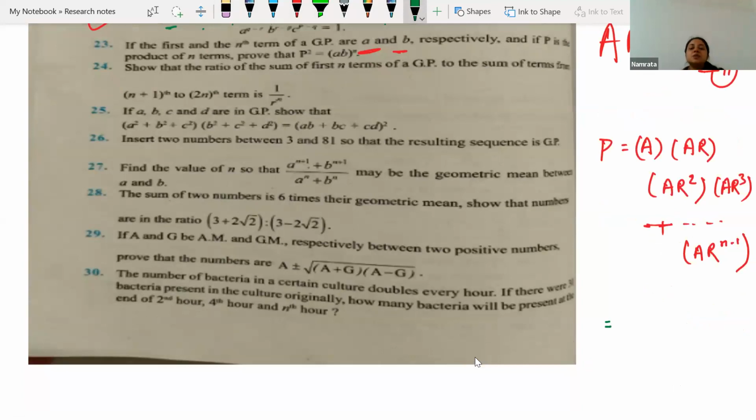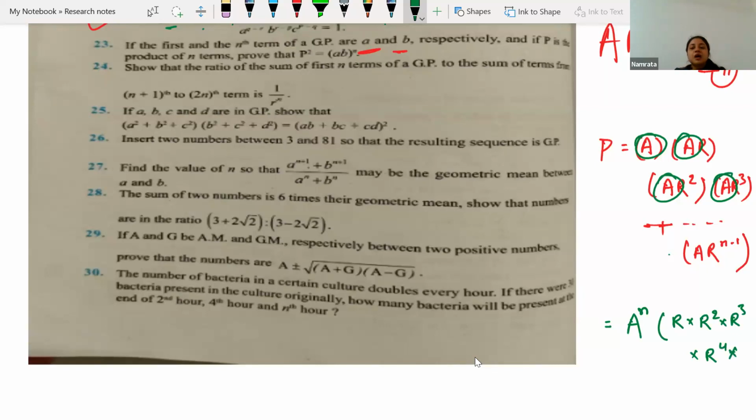If we simplify it a bit more, A, A, A. How many times A? N times. So can I say A to the power N? Lena, A into A into A, n times. Can I say it will be A to the power N? Yes, ma'am.